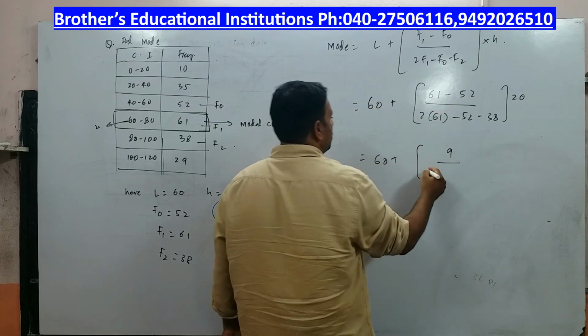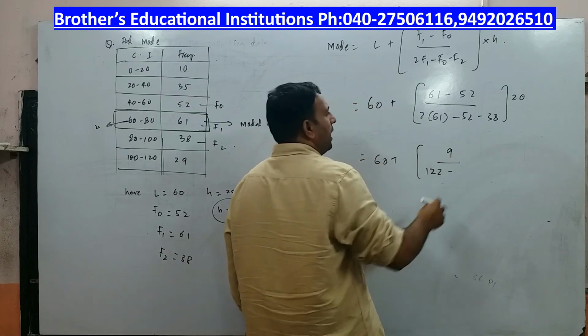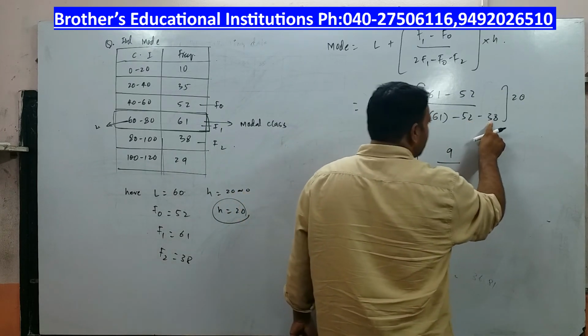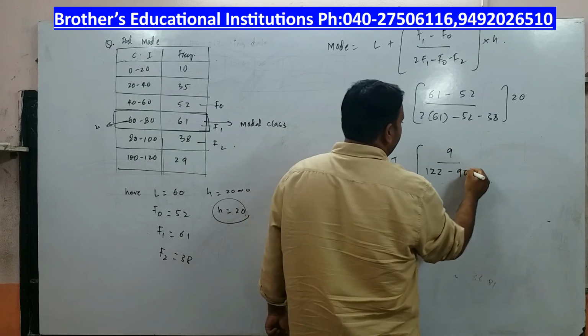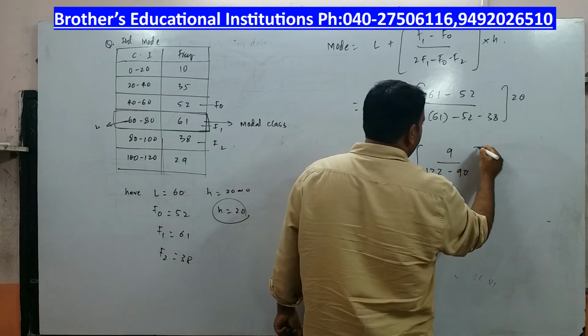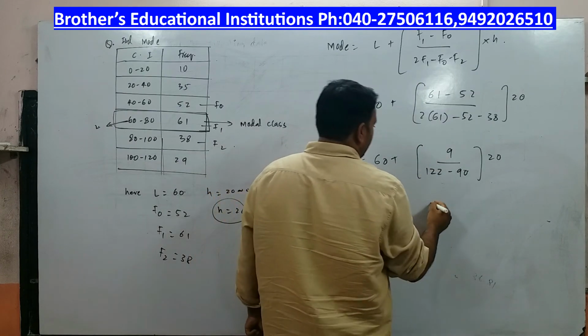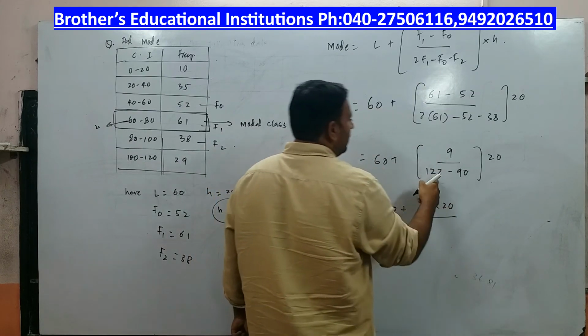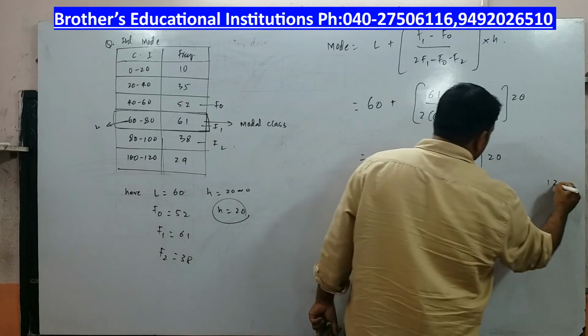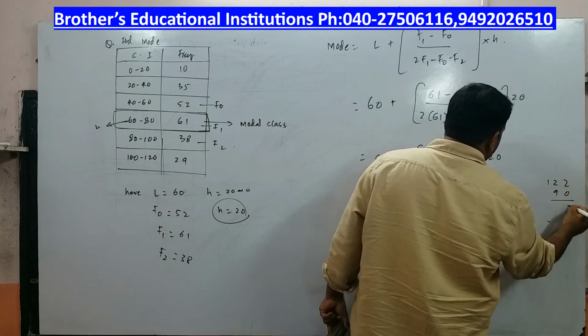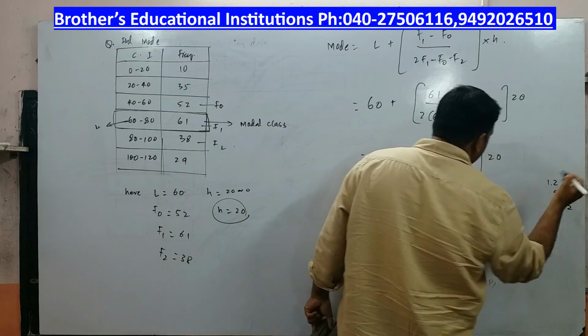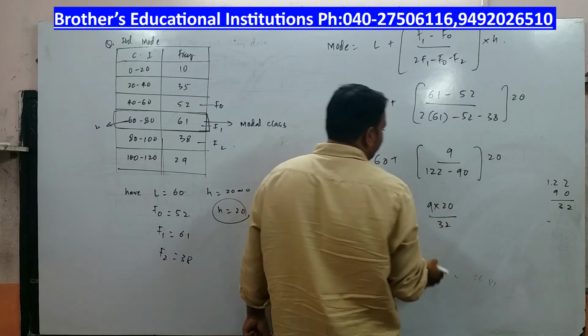By 61 into 2 is 122, and minus 52 minus 38 is 90, into 20. So it is 60 plus 9 into 20 by, what is 122 minus 90? It is 32 you will get.